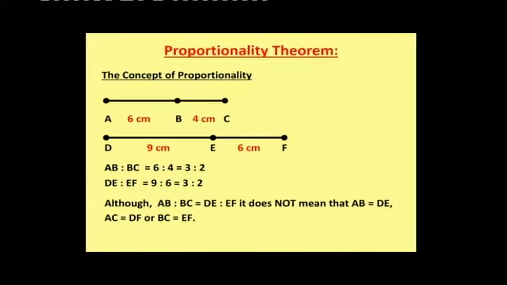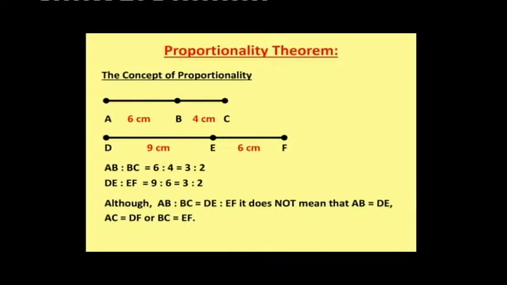And just lastly, so that you don't get confused, what is the concept of proportionality? What does it mean? Here, if you look, I have two lines. AB is 6, BC is 4, DE is 9, and EF is 6. Let's just see how we write that as a proportion. AB to BC is 6 to 4.